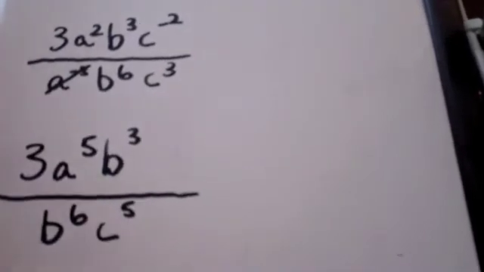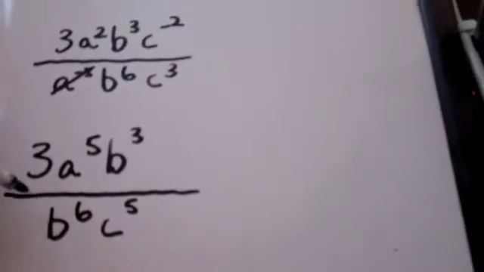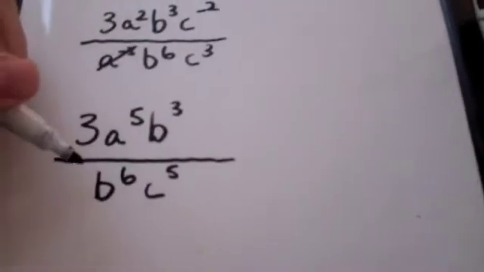And now I still have b's in the numerator and b's in the denominator, so I want to see how much of that I can simplify. So let's just look at this one piece, our b piece of our expression.